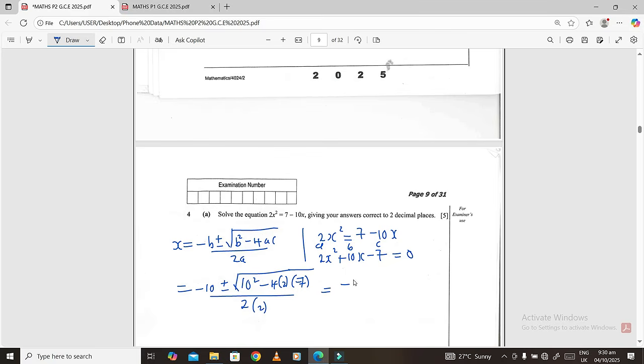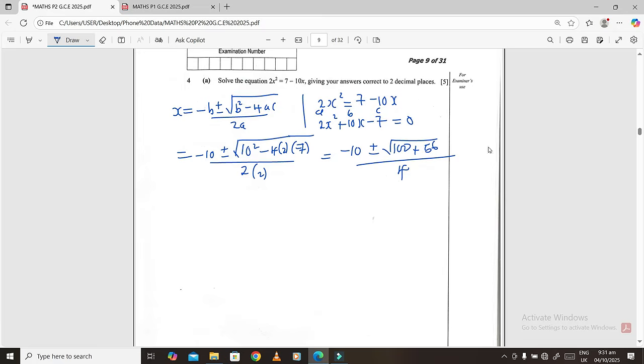So from here we can say negative 10 plus or minus square root, okay? We work out the square root over 100, that's 10 squared, minus, okay, this one will be plus 4 times 2 times 7, it's a 56, and then over 4. So this negative and the negative, which is together with negative 7, is what is giving us the positive inside here.